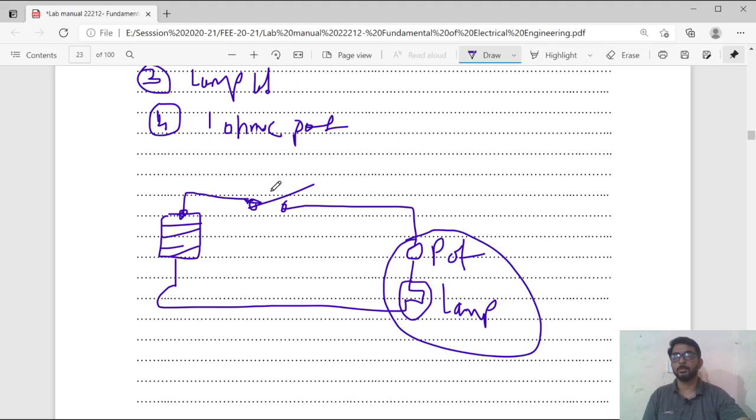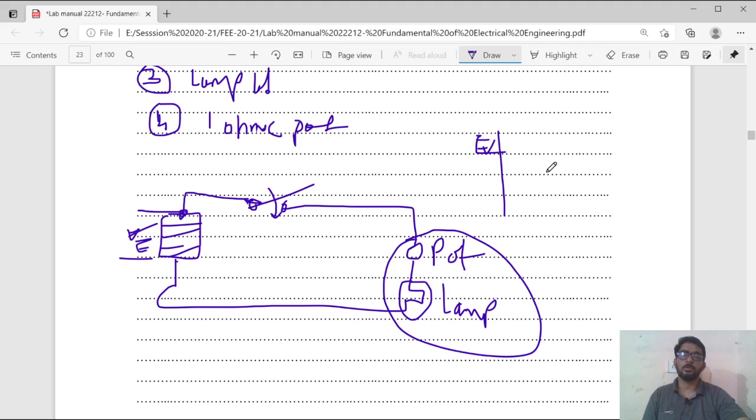Firstly, read the voltage of this source. You can draw an observation table for voltage, or you can write here E. Firstly, connect the multimeter across these 2 points, read E, switch on the supply, then the lamp glows.